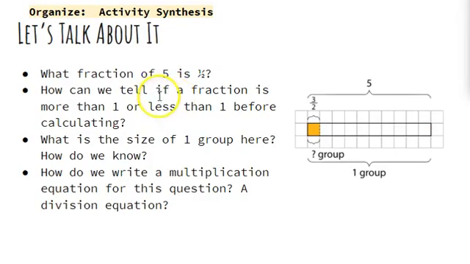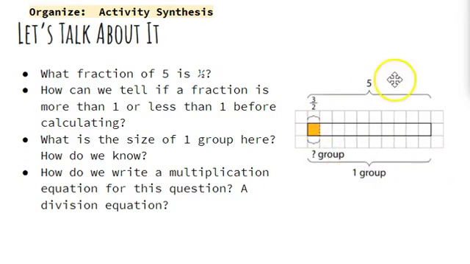So what fraction of 5 is 1/2? Well, if we take 5 and we take a look at 1/2 compared to the entire 5, if we know that 1/2 is what we're comparing out of the 5, can we tell that that comparison is going to be more than 1 or less than 1?